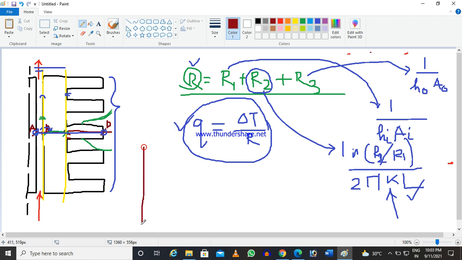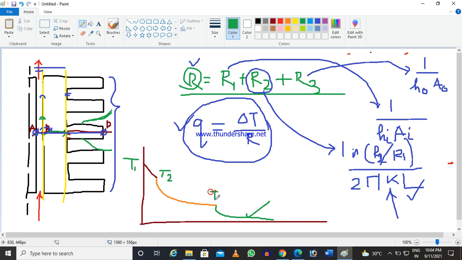So as I told earlier, you will get a temperature profile like this, that is the temperature gradient in the liquid. Then you will get like this, that is the temperature gradient in the solid, and then you will get a temperature like this. So this is in the fin area. So say this temperature is T1, this temperature is T2, this is T3, and this is T4.